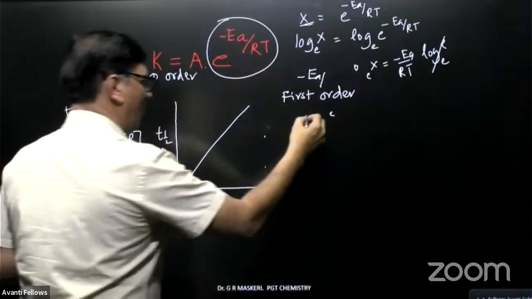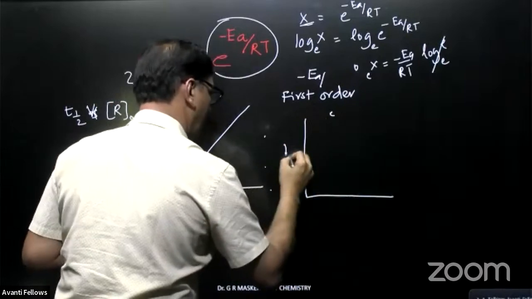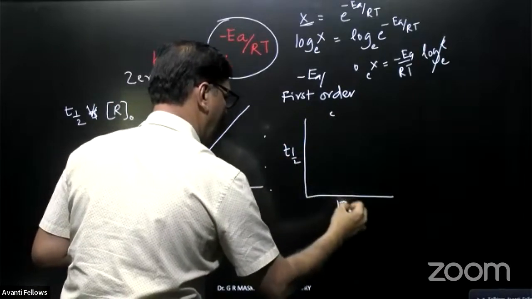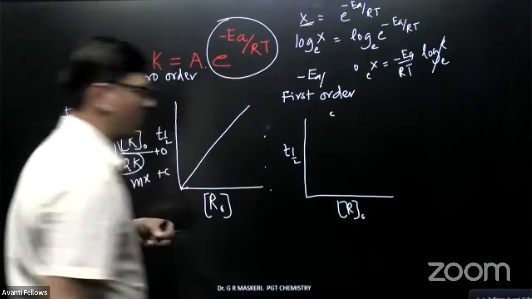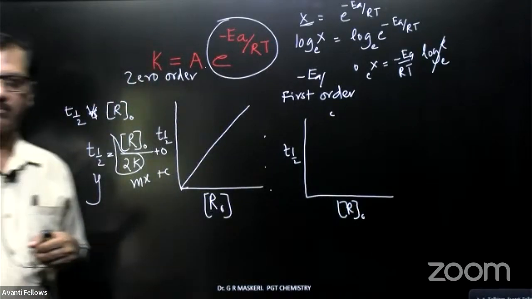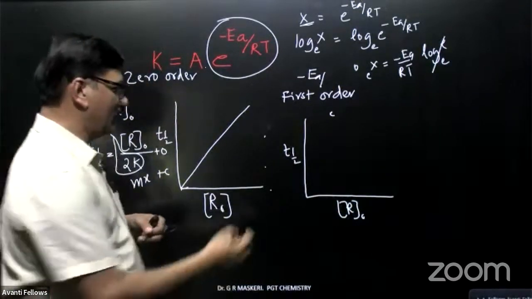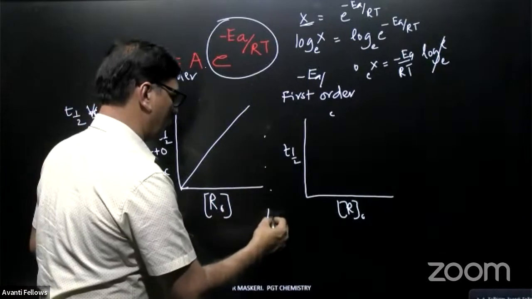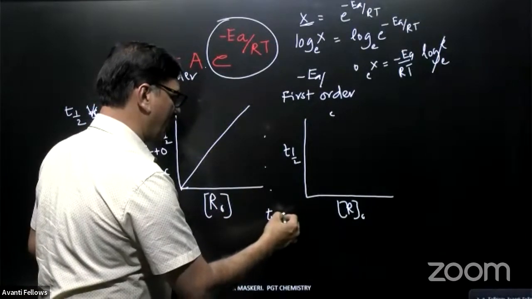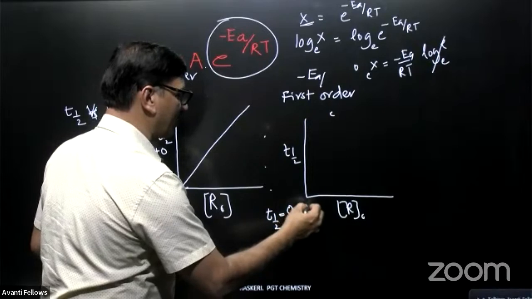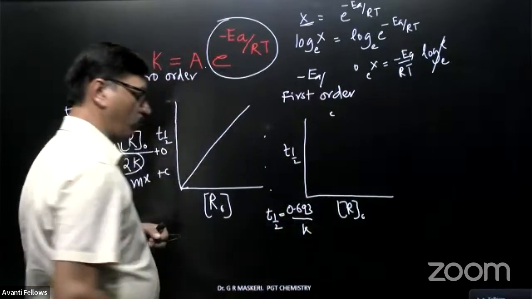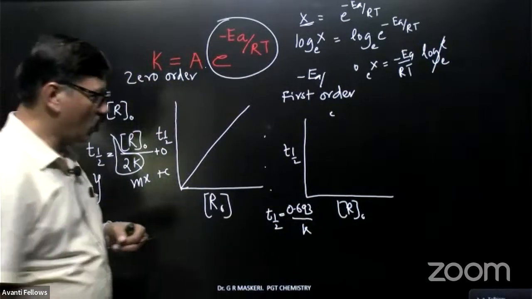For the first order, if we have to draw T half versus R naught, the initial concentration, what is the expression that we have for a first order reaction? T half is equal to 0.693 divided by K. There is no R naught at all.